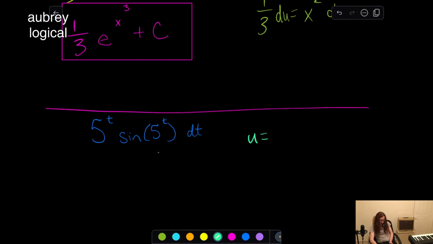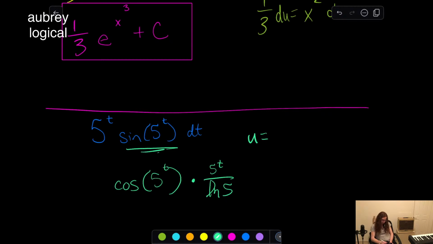If we make u sine, then its derivative would be cosine of 5t times whatever the derivative of 5 to the t is. I think it is 5 to the t over ln of 5. So that would be the derivative, which I don't think we want because we want it to be this, essentially.